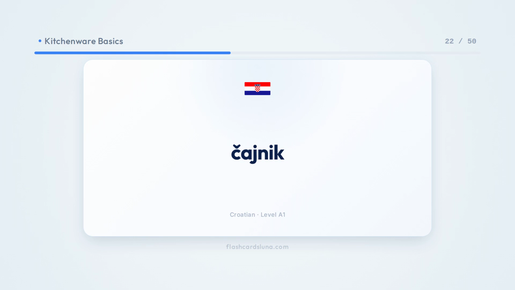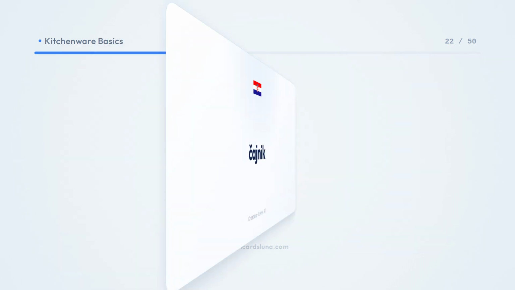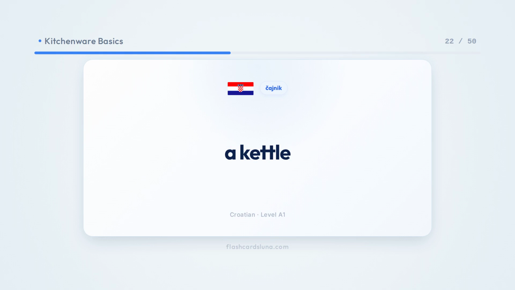Čajnik. A kettle. Čajnik za čaj. A teapot. Vrč. A pitcher.